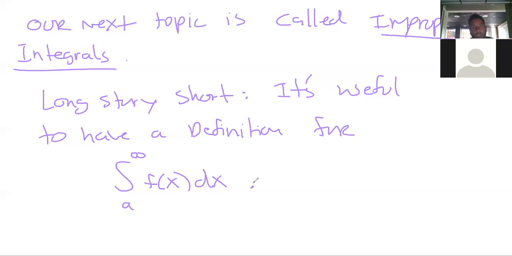I could give you lots of explanations why. We could talk about physical problems, or we could just say, the joy of math. We want to make a definition here. But note that currently it makes no sense, because an integral doesn't have any meaning unless you have a number at the bottom and a number at the top, because we need to define that delta x. Delta x is b minus a over n. What in the world is infinity minus a over n? It doesn't make any sense.